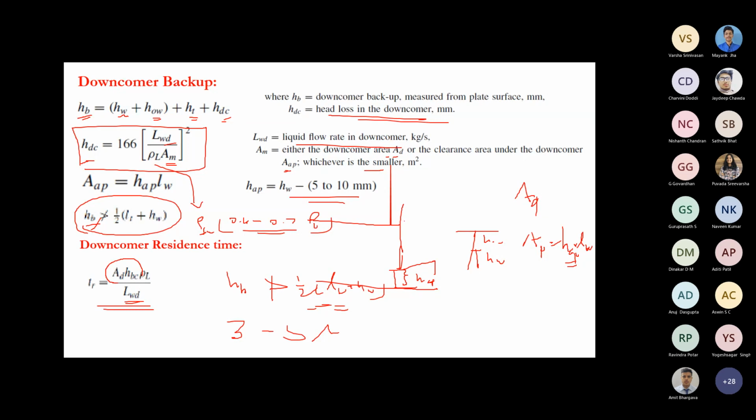The efficiency should be a minimum of 0.5, or greater than 0.5. The efficiency of the tray normally depends on system composition and properties, flow rate, and geometry of the tray.